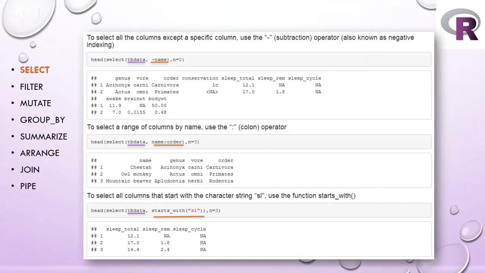Another is starts_with. We specify the table name and then the prefix the column name starts with, like A, B, or some other characters, maybe SL in this case. Then it displays the three columns that start with SL. So these are some of the ways in which we can extract the column names from the data.